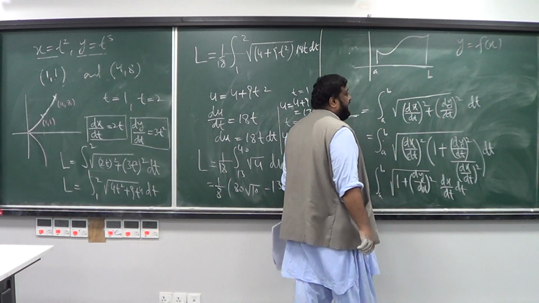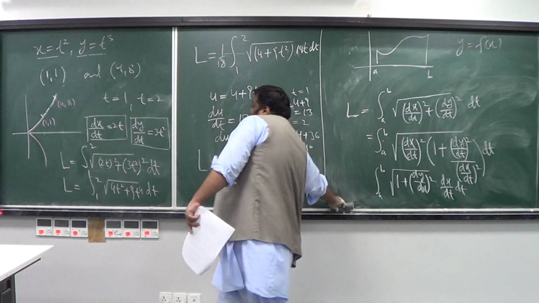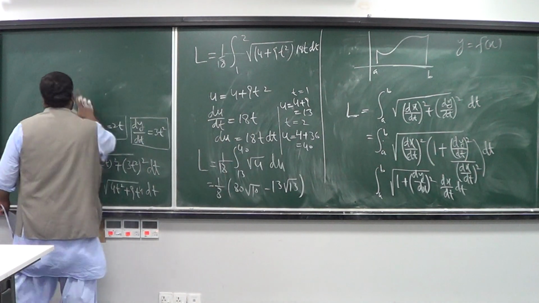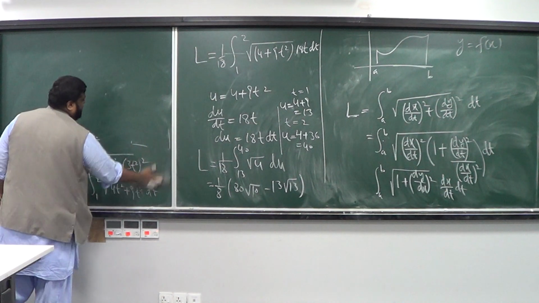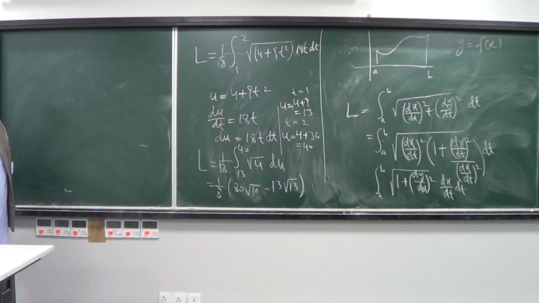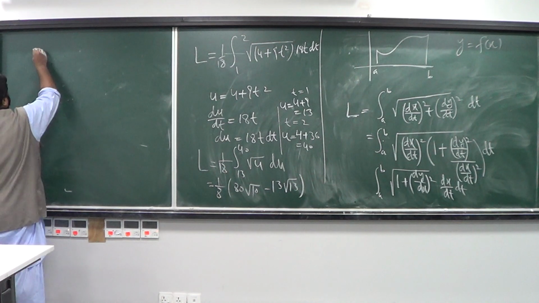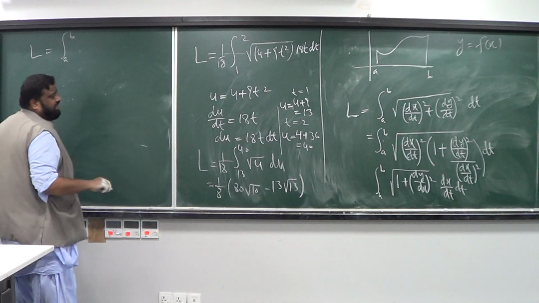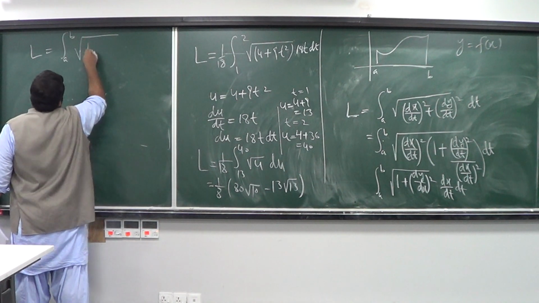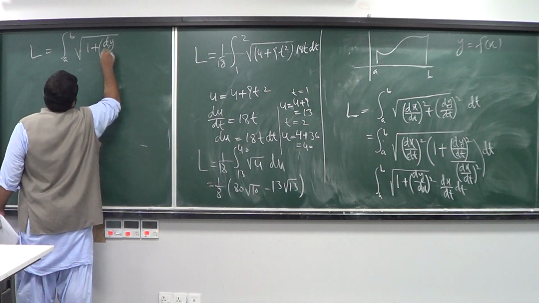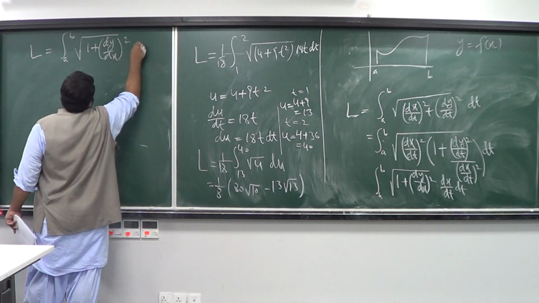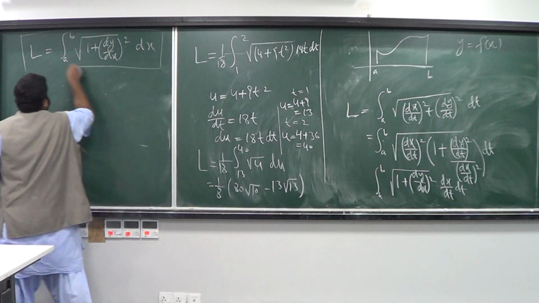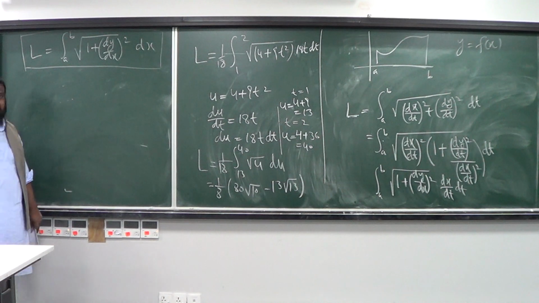So this dt will cancel out, and the final formula that you're going to get in order to compute the length of the curve is an integral from a to b square root of 1 plus dy over dx square times dx.